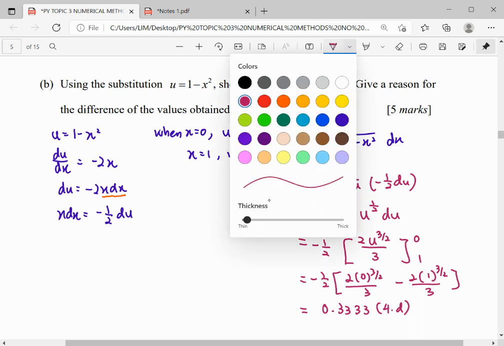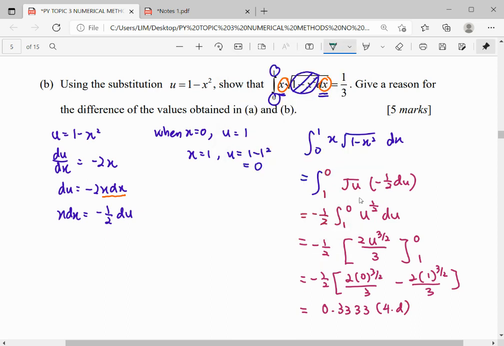So after we finish this, we come back to the question. They say, give the reason for the difference obtained in part A and part B. So from part A and part B, there is a difference. So we look at the differences here.